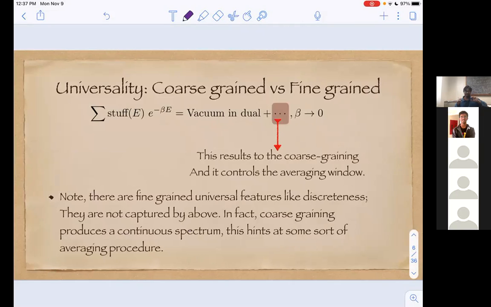So here we are talking about this universality, but this universality has two different features. One is the coarse grained features, and another one is the fine grained features.